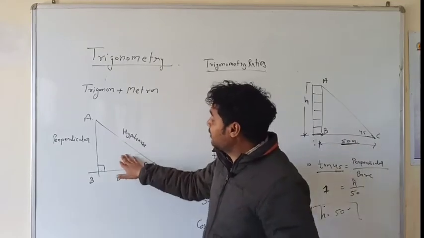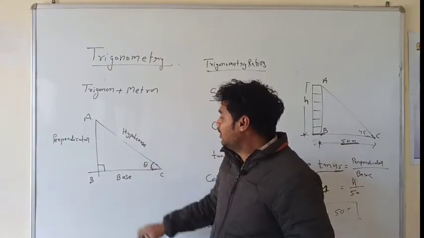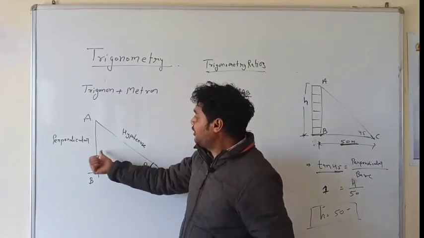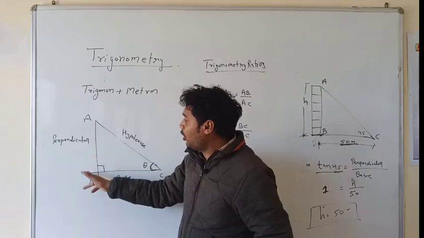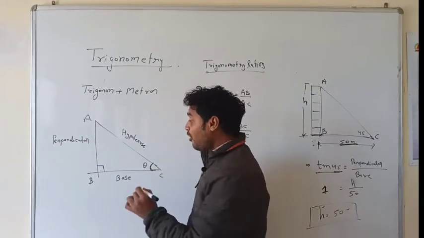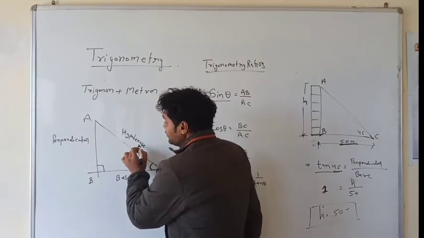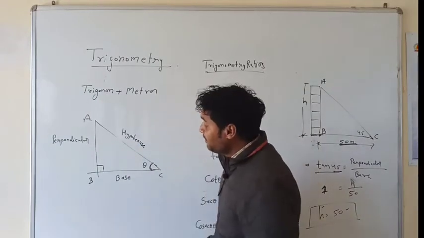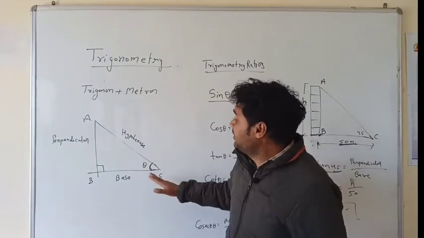So let's discuss a triangle. It's a right angle triangle. If we consider angle theta, the opposite side of this theta will be the perpendicular, and the other side will be the base, and the hypotenuse is always the side which is opposite to the 90-degree angle. Simple. Here we don't need to be confused.